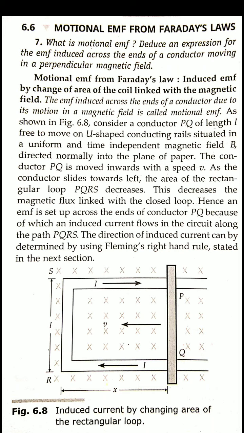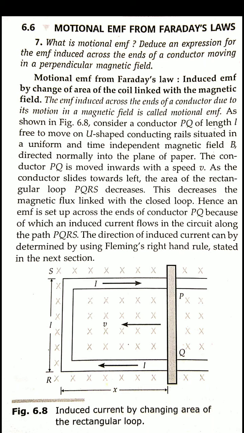This rail or wire coil is situated in a uniform magnetic field B, and this magnetic field is directed normally into the plane of the paper. The conductor PQ moves inward with a speed of V. You see that the arrow sign is in the inward direction with the speed of V.